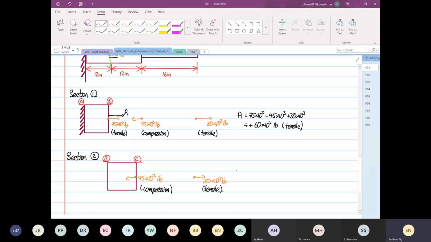So P2 is equal to minus 45 times 10 to the power 3 plus 30 times 10 to the power 3. So this will give us a P2 of minus 15 times 10 to the power 3 pounds of force, and minus means compression.